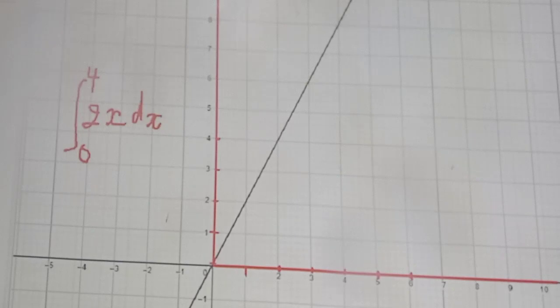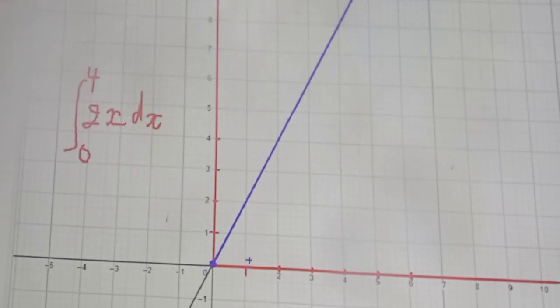When we sketch our function, we see that it passes through 0 and it will look like a linear function. For x equals 0, y equals 0, which is here.